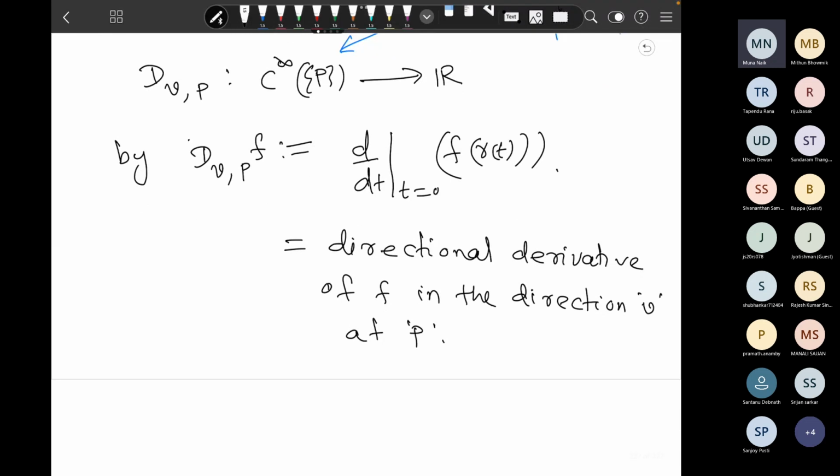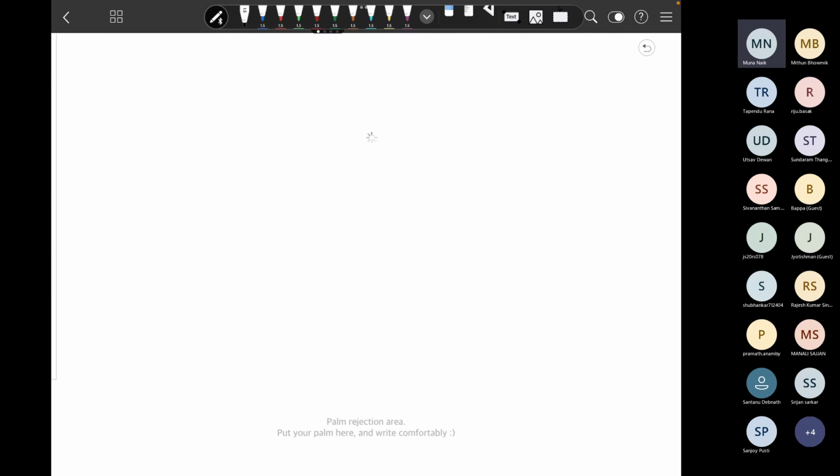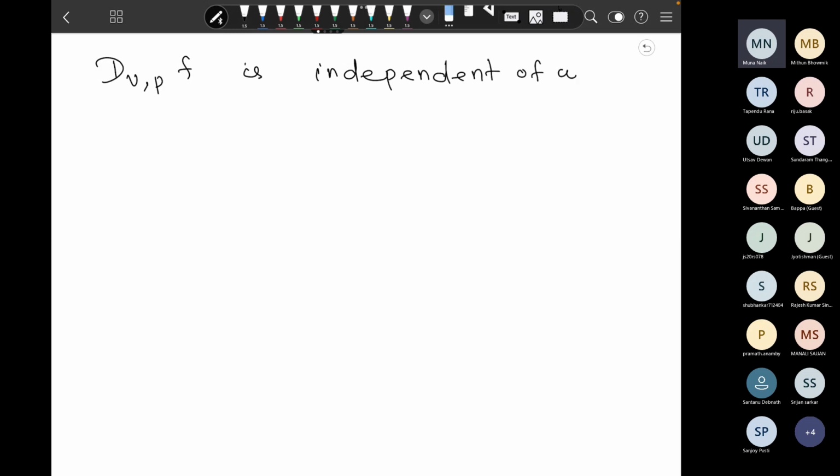It doesn't really depend upon the curve gamma. So D_{v,p}(f) is independent of the curve gamma.